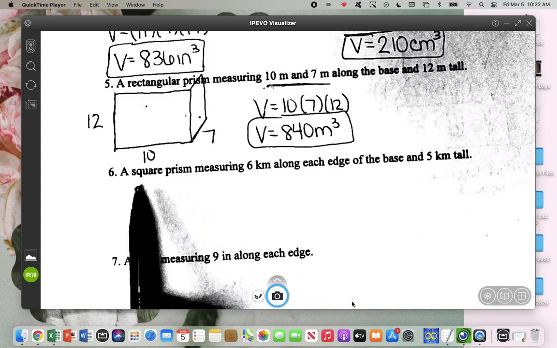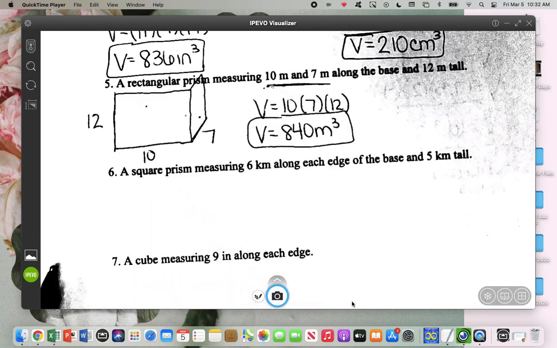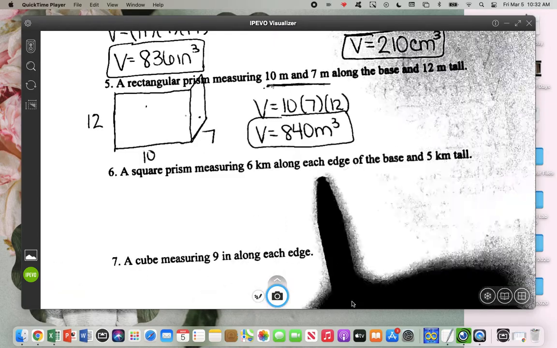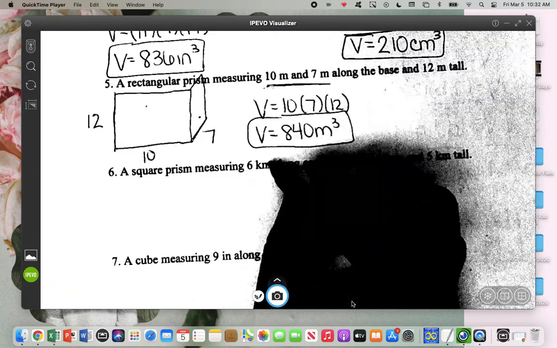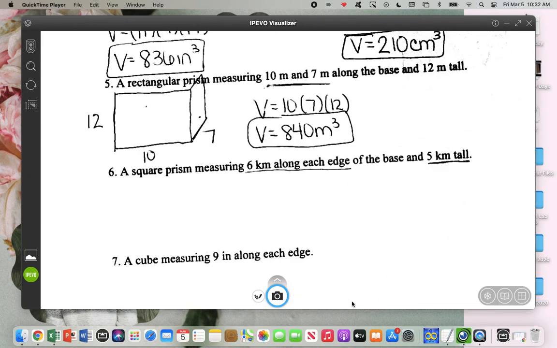Now, I want you to take a look at the next one. What does a square prism mean? If it says 6 kilometers along each edge and then 5 kilometers tall, what's that going to look like? All right, so it says a square prism. What does square mean?